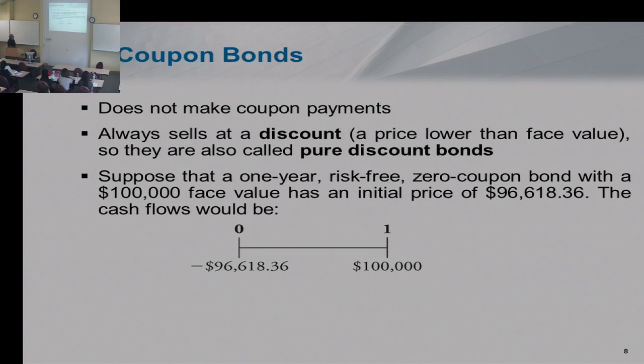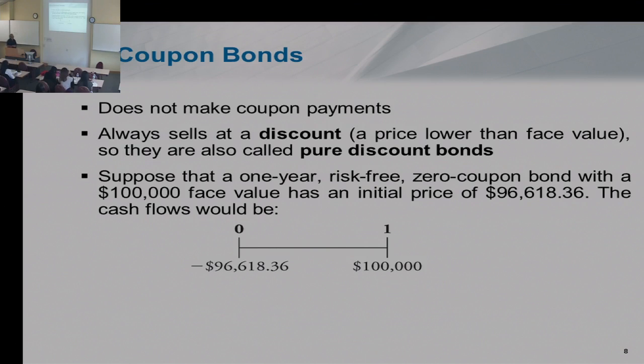Let's say you have a 1-year risk-free zero coupon bond, 100,000 face value. This is the government borrowing and selling them for that much. If you were to buy this bond, it would cost you that much. Were you to hold it to maturity, you'd receive that much.